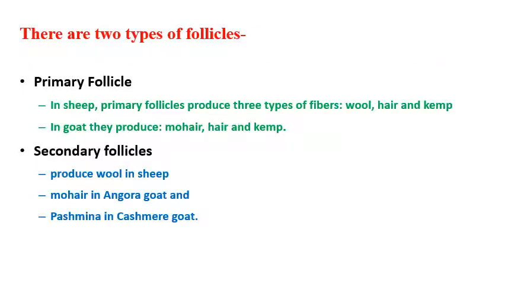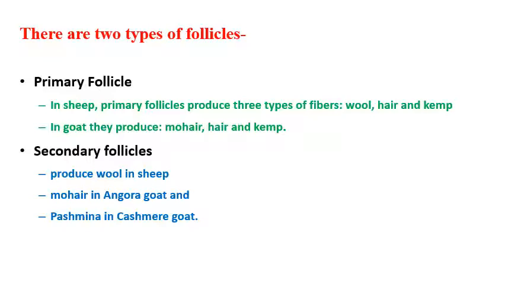As I mentioned, there are two types of follicles, that is primary follicle and secondary follicle. Primary follicle development begins at about 2 months of age. So in the case of sheep, primary follicles produce three types of fibers, that is wool, hair and kemp. Whereas in the case of goat, they produce mohair, hair and kemp.